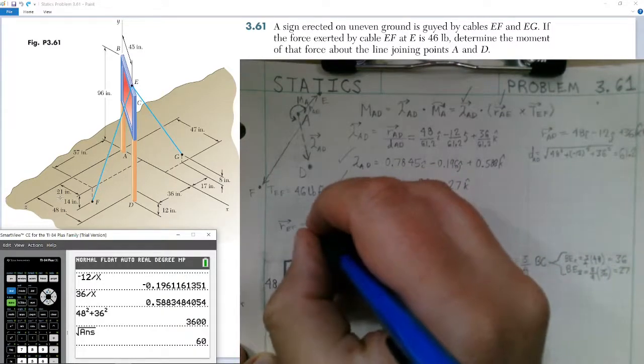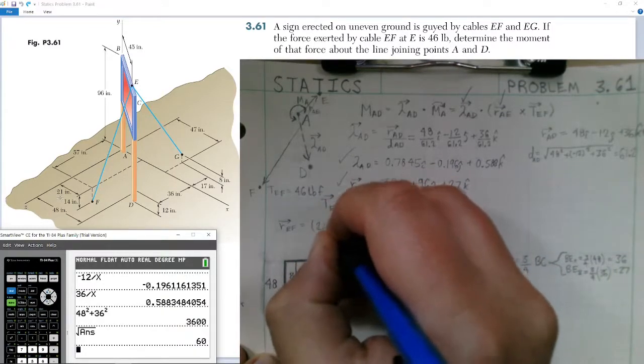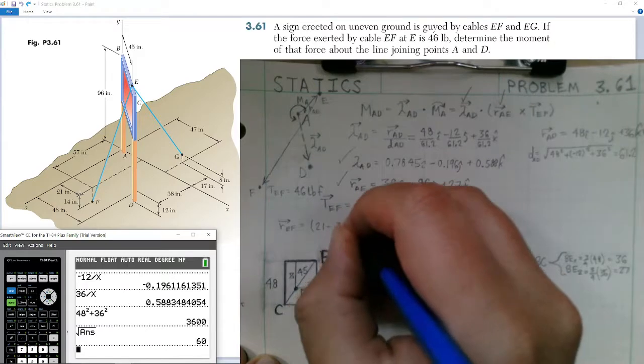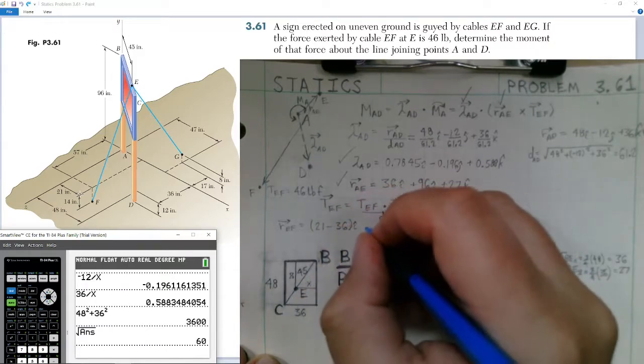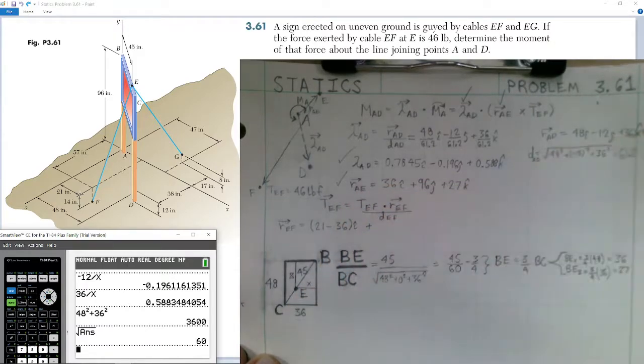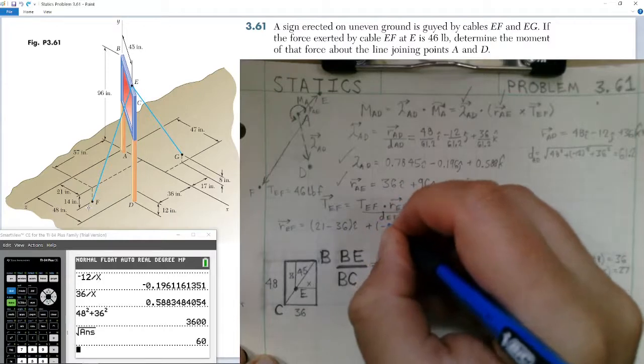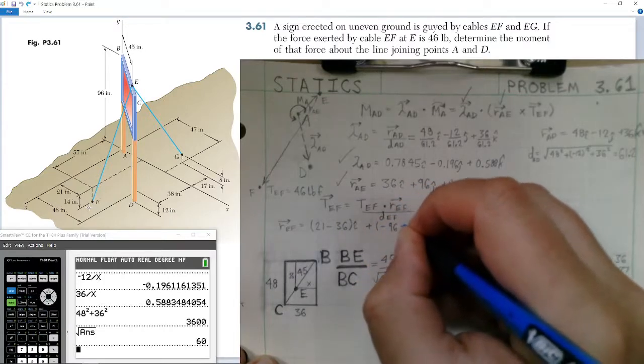So it would be 21 minus the position already of point E, which we know is 36 i hat, plus we're going down a distance of 96 inches down to the ground floor, but then point F is also a distance of 14 inches down.